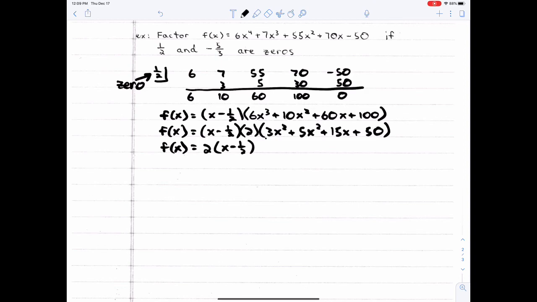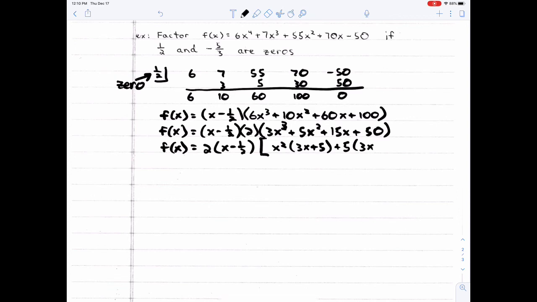Now, I'm going to take out the x squared from the first two terms, which gives us 3x plus 5. And on the second one, I'm going to take out the 5, which gives us 3x.